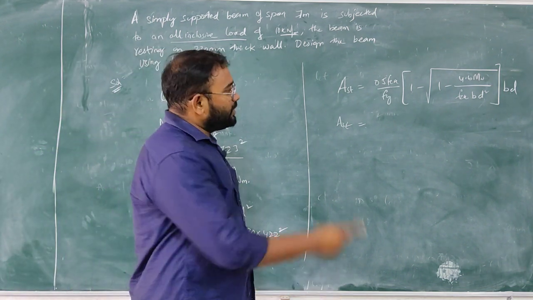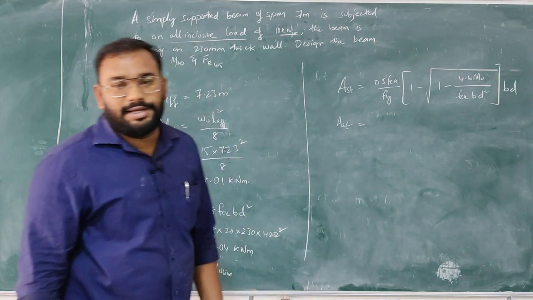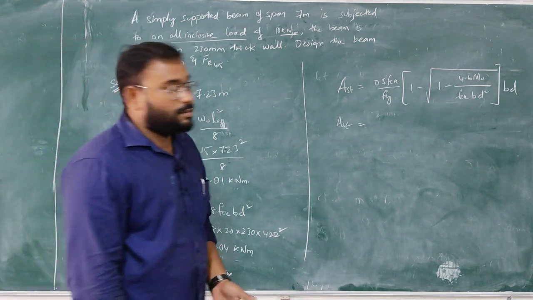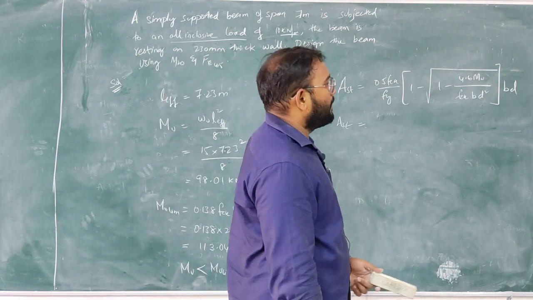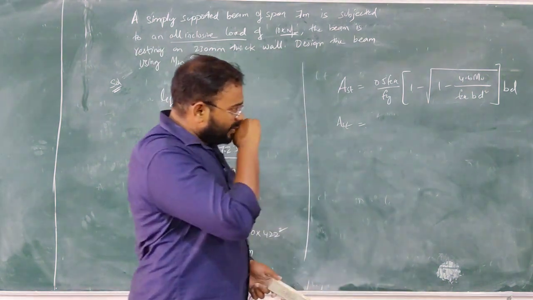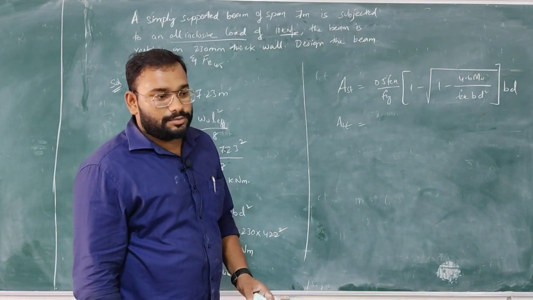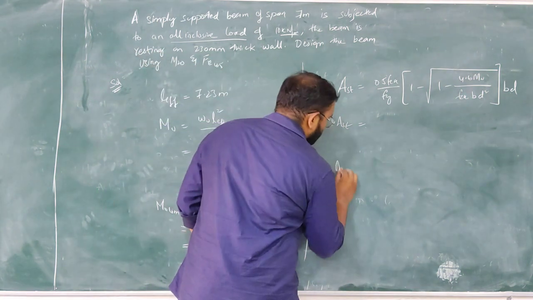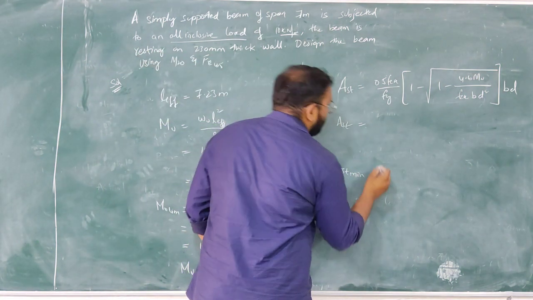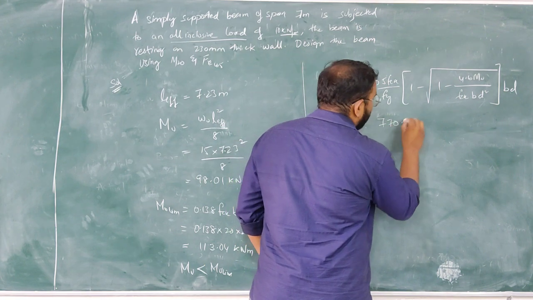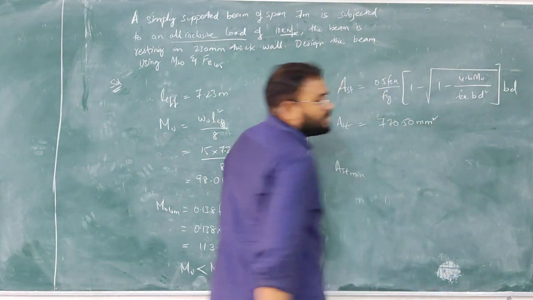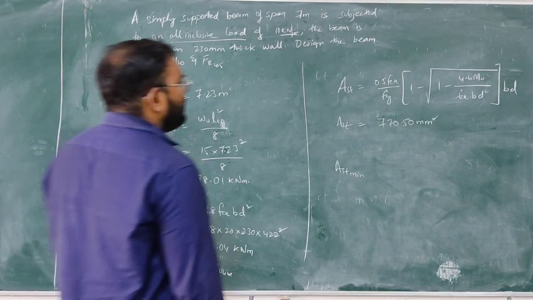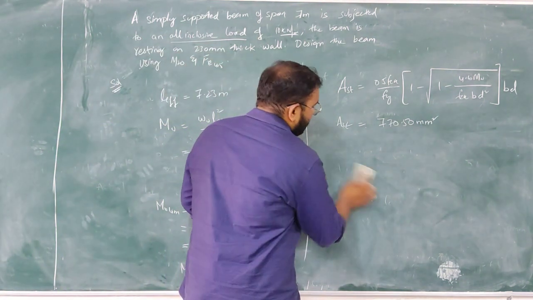Using the new calculators, you can substitute this complete formula in a single line. 770.50 mm square. 770.50 mm square is the area of reinforcement required.